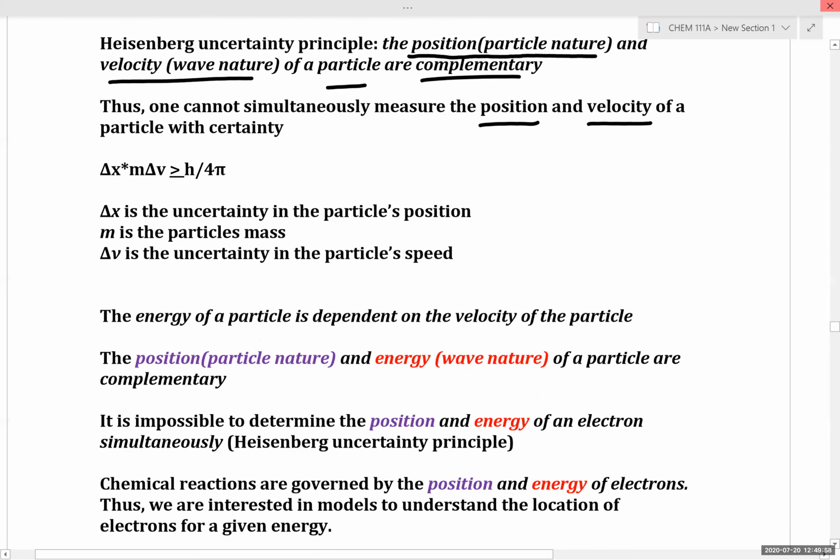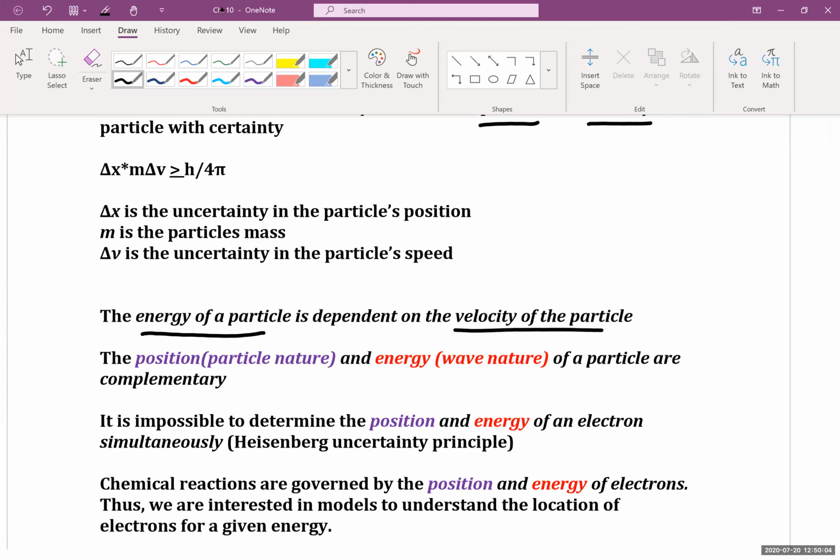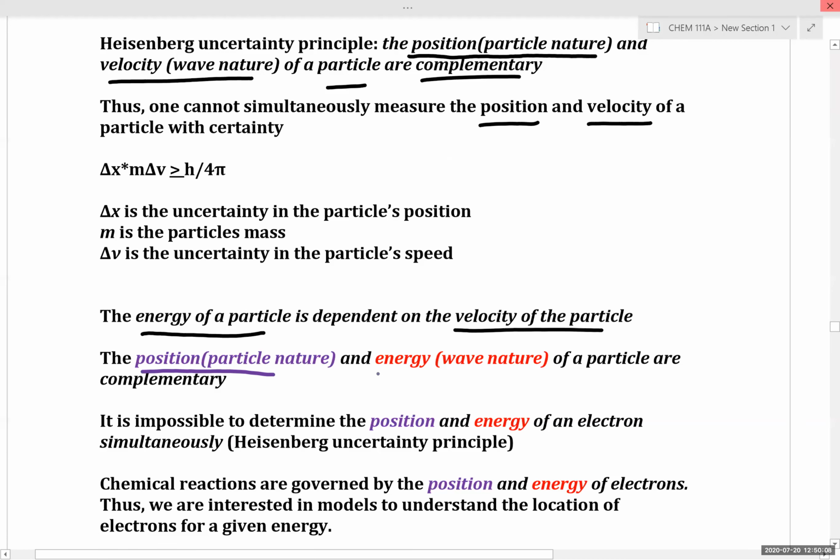Now, because the energy of a particle is dependent on the velocity of the particle, one way that we can rewrite the uncertainty principle is that the position and energy of a particle are complementary, and it is impossible to determine the position and energy of an electron simultaneously.